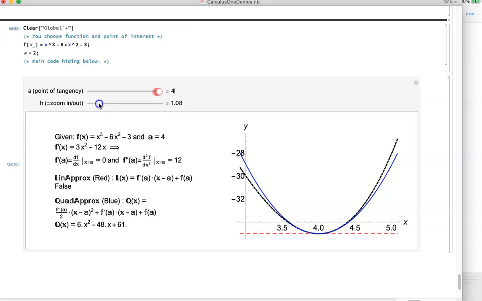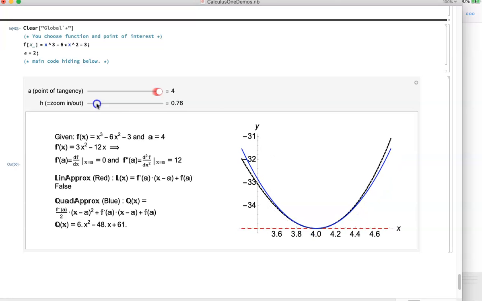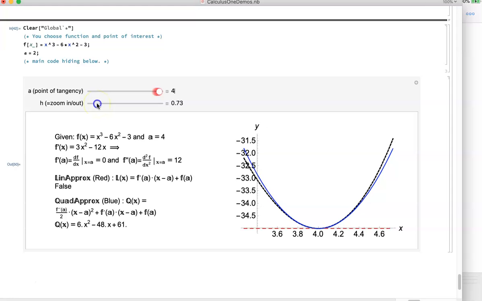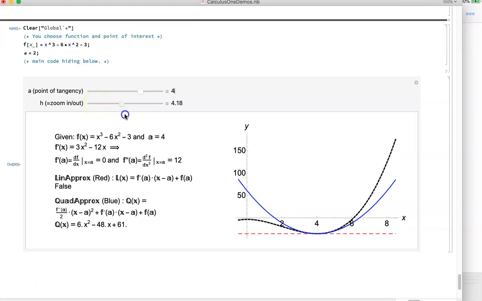And that parabola is opening upward because the second derivative at that critical point 4 is positive 12, which means that the function looks like a parabola opening upward, in which case the function f of x has a local minimum at 4.